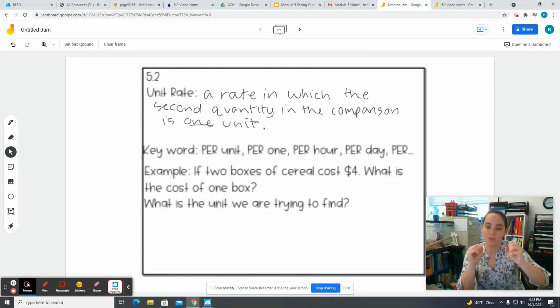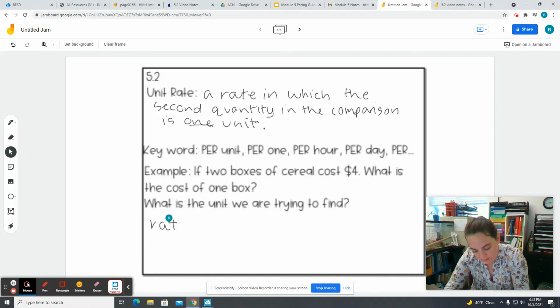And a unit rate is when one of those things is just one value, just one.